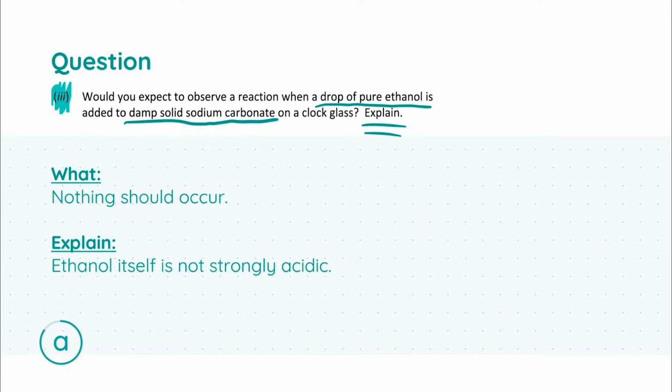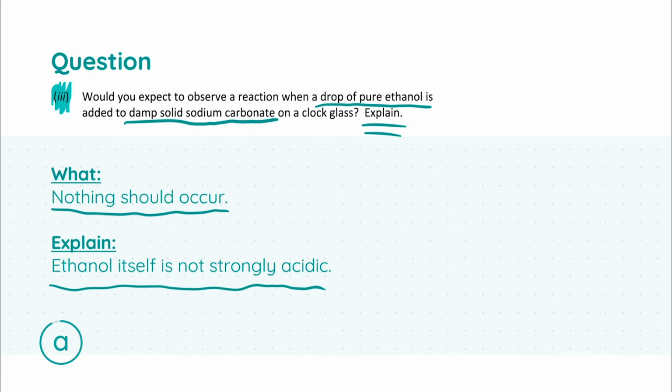So in this case, did a reaction occur or did it not? In this case, nothing actually should occur. And the explanation behind that is that ethanol itself is not strongly acidic. In other words, ethanol is a weak acid, it's weakly acidic, and mixing it with the damp solid sodium carbonate, it's not going to have any reaction.